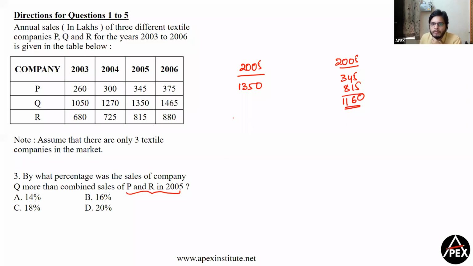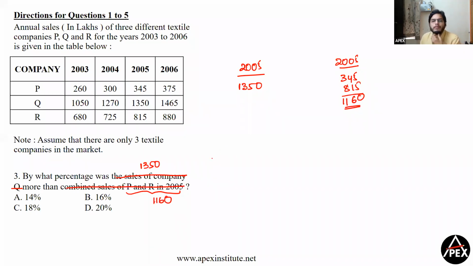Now, by what percentage were the sales of company Q more than the combined sales of P and R? Let us first find out the value by which 1350 is more than 1160. What I will do is replace the sales of company Q with 1350, and the combined sales of P and R with 1160.